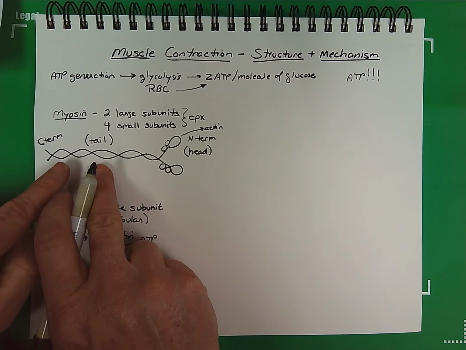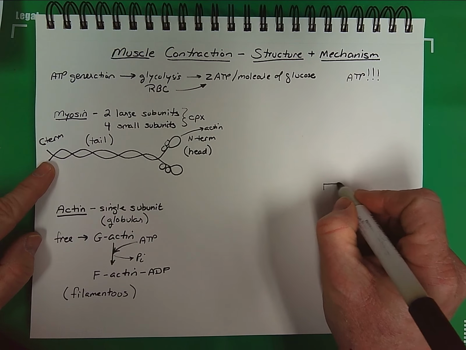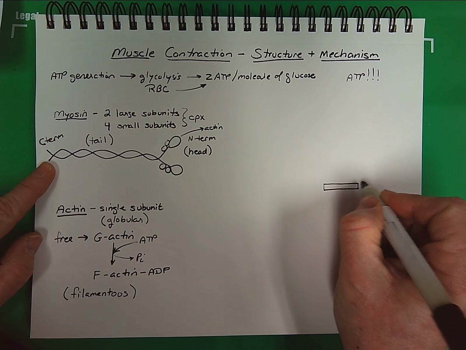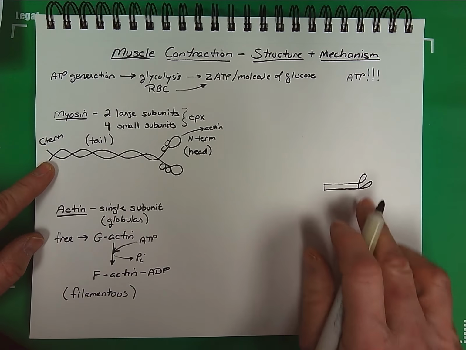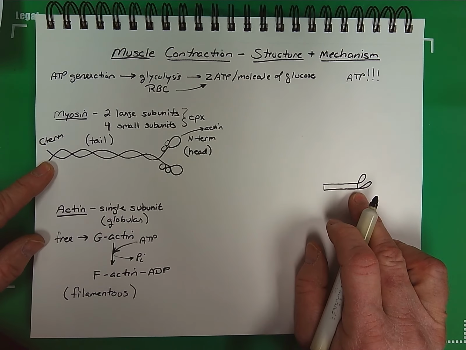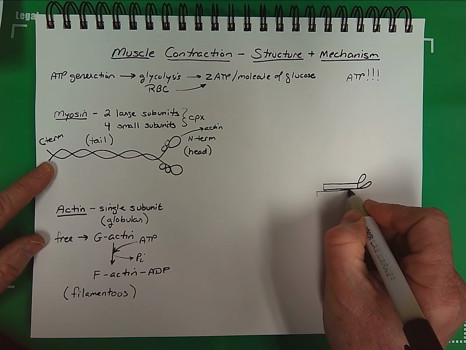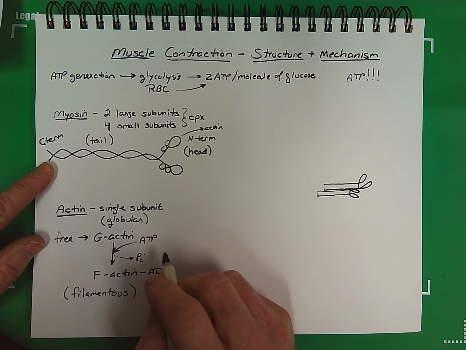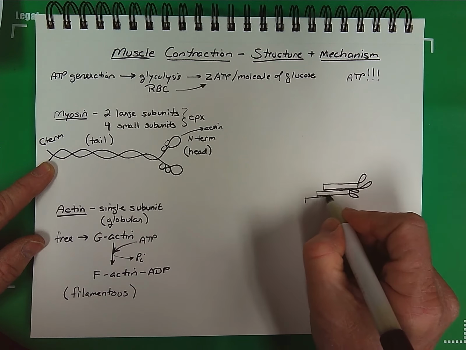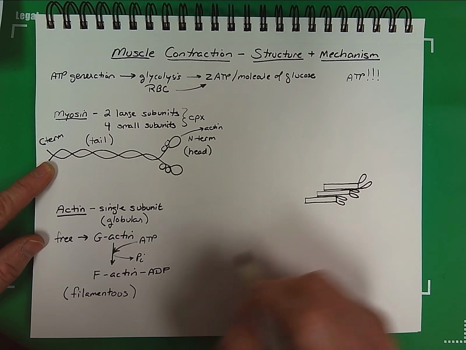The myosin, for starters, has this tail region. Let's depict the tail as this bar, and we have head groups coming out of the N-terminal portion of the complex. Because these tails are able to interact, what the myosin is able to do then is form a long filament by repeated binding of the tail portion of the myosin molecule.